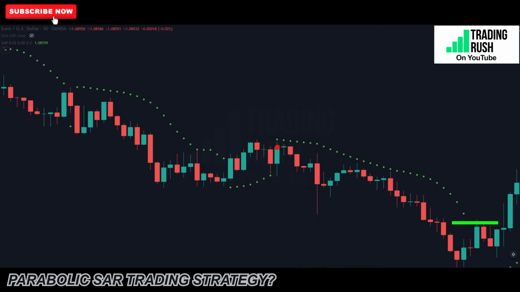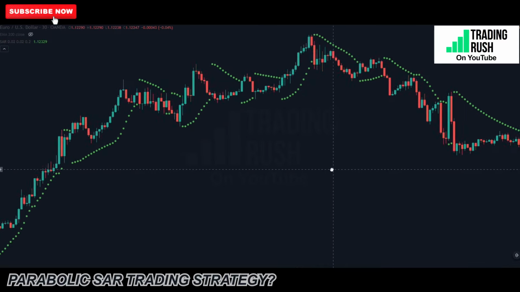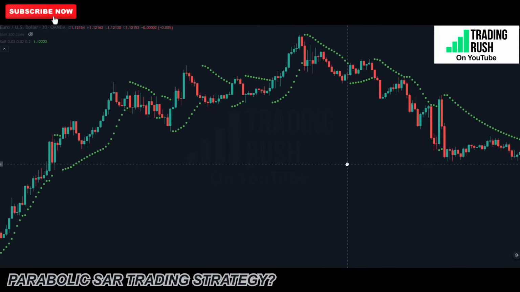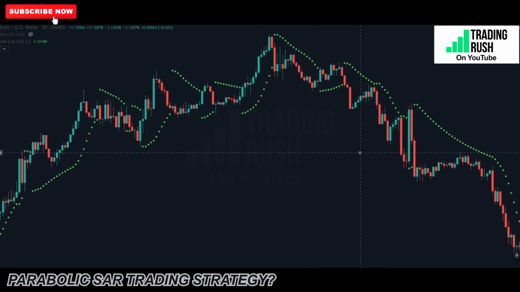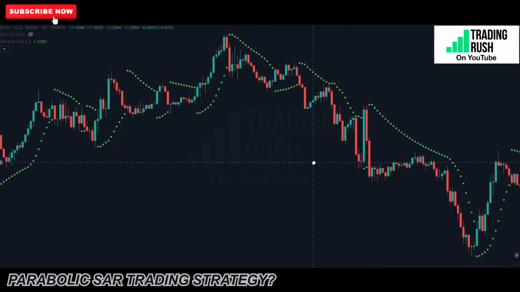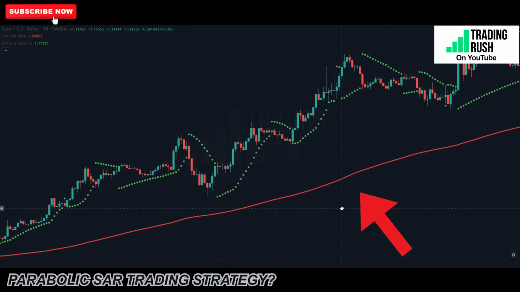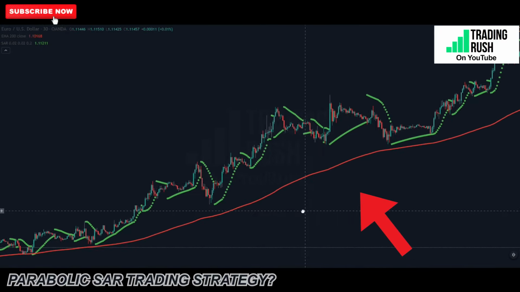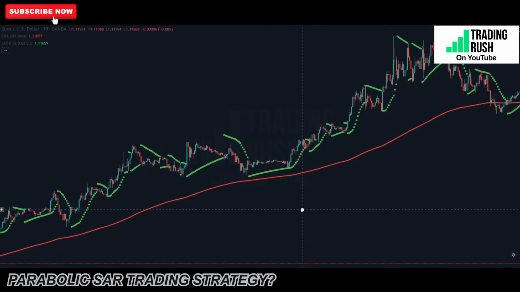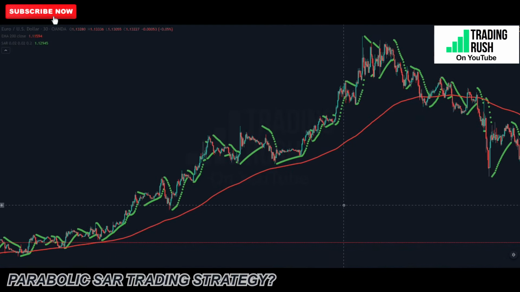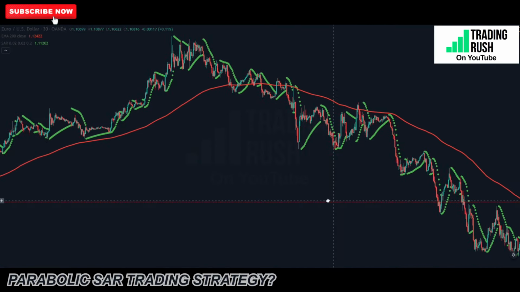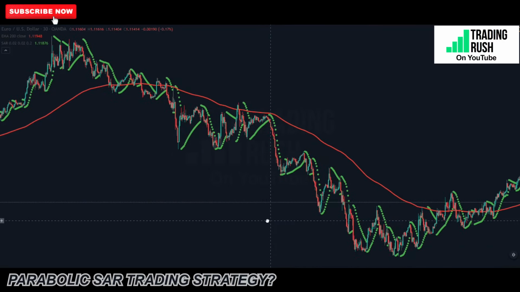Now, just like most indicators out there, parabolic SAR gives a lot of false entry signals when used on its own. So, to filter most of the false signals given by the parabolic SAR, you can use the 200-period moving average. Like I always say, moving average is a great tool to find the direction of the long-term trend. It acts as a strong support and resistance in a trend.